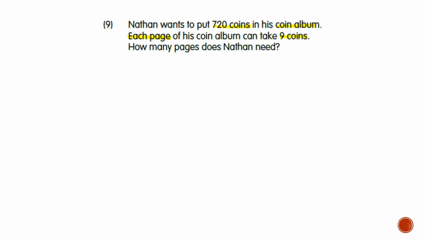So we have to take 720 divided by 9 first, to see how it works out. We can tell that 72 is divisible by 9, and you get 8.